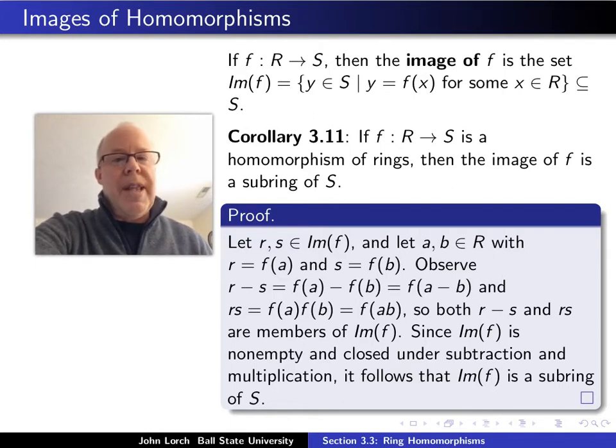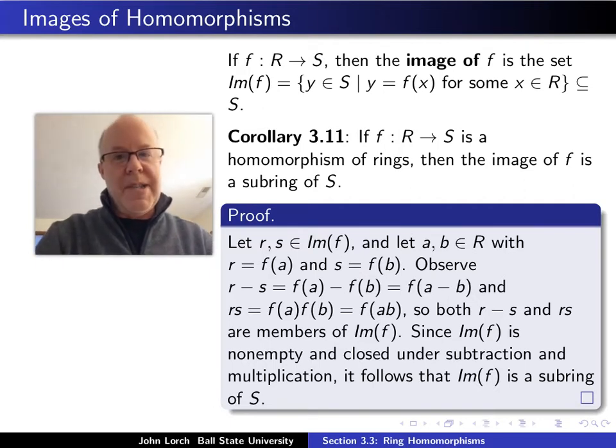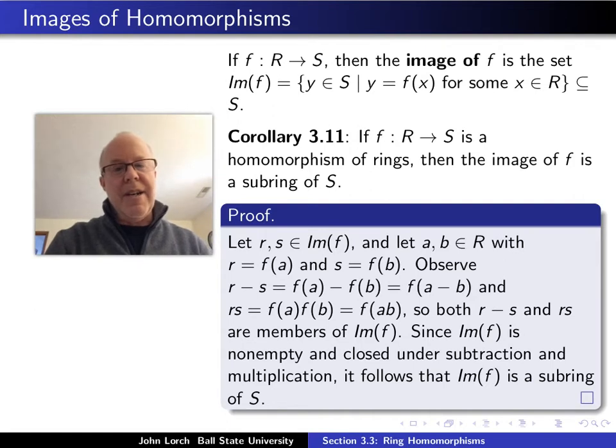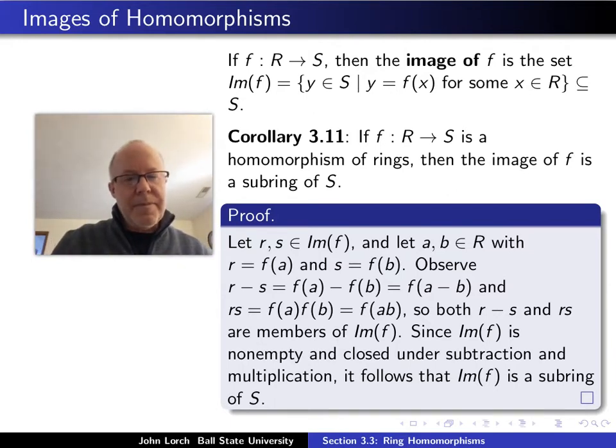So remember that we had a theorem a little while back that said that if you want to show something is a subring, you only need to show essentially that it's closed under multiplication and subtraction.